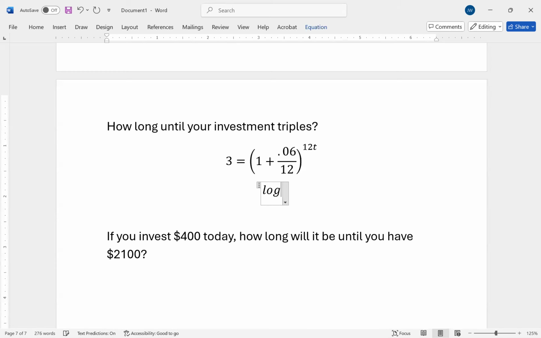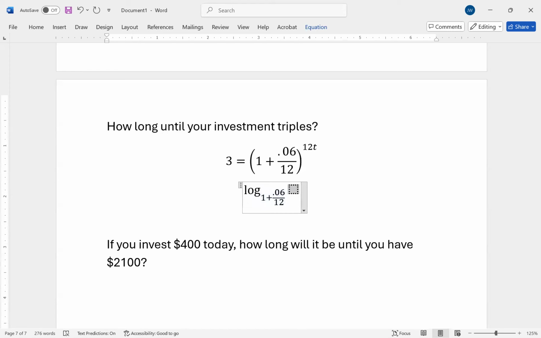But I want to show the other way we could have done this too. We could have taken log, whose base is 1 plus 0.06 over 12, on both sides. Maybe that's an ugly look, so maybe I'll rewrite that a little bit with parentheses. So log of that ugly base of 3 is equal to log of that ugly base of my right-hand side.